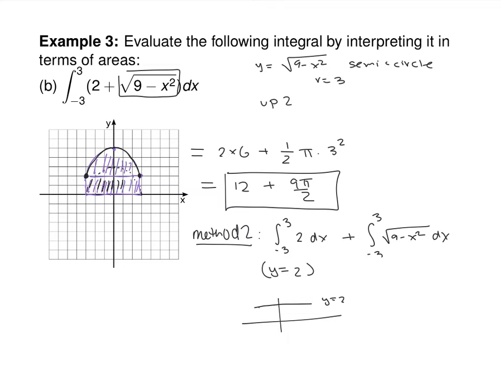And it would go from -3 to 3, which gives you that thing being 12, right? And this next one would just be an unshifted semicircle of radius 3, and that gets you the 9/2 pi. And then 12 plus the 9/2 pi gives you back what you had.